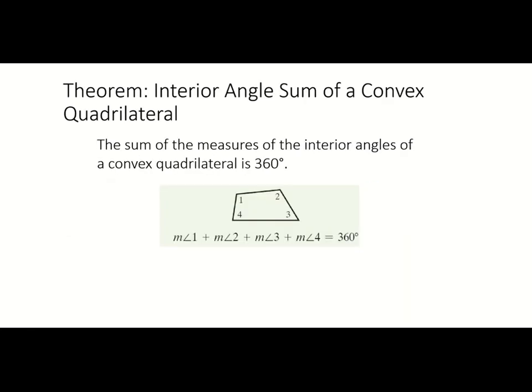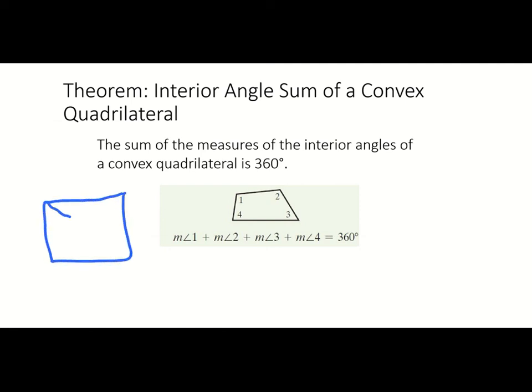All right, and the last theorem we're going to look at in this section before we do one more problem is the interior angle sum of a convex quadrilateral. Quadrilaterals have 4 sides, and all 4 angles in a quadrilateral always add up to 360 degrees. I want you to think about the quadrilateral we just saw in the last picture, where we were drawing diagonals from one of the vertices.